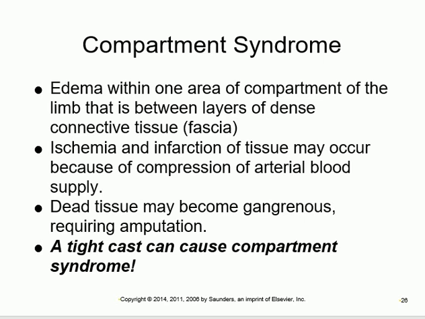If it is too tight, it will compromise the blood supply and it will cause edema, and this is called compartment syndrome. So compartment syndrome happens because of a tight cast. The cast should not be tight, the cast should not be loose. It should be in the middle. Otherwise, it will compromise the blood supply, causing ischemia, and it might even lead to gangrene.